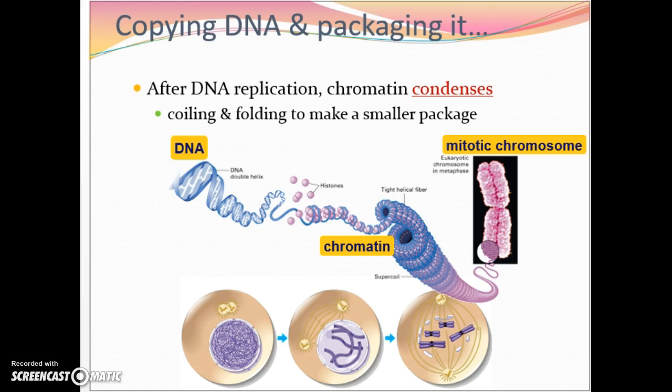So after DNA is replicated, that chromatin, which is again the DNA and protein complex, condenses. And it does that by coiling and folding to make a very tight, small package. And then before DNA replication can occur, that is actually going to have to uncondense or loosen up in order to get our good DNA copying.